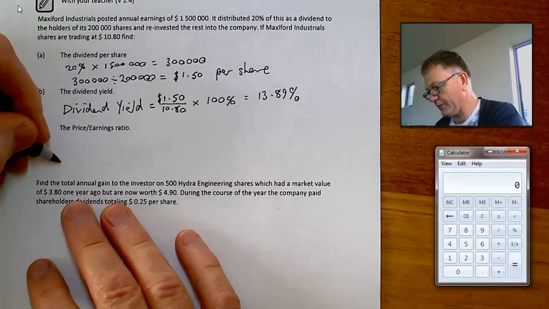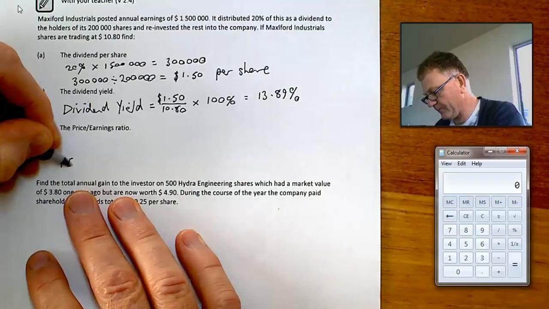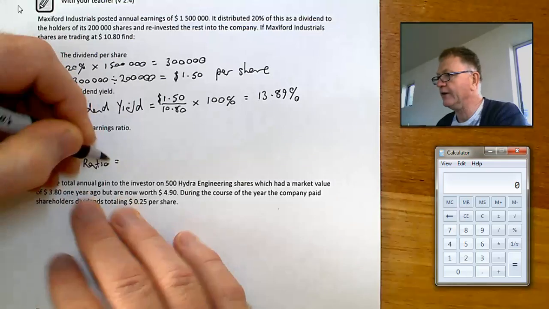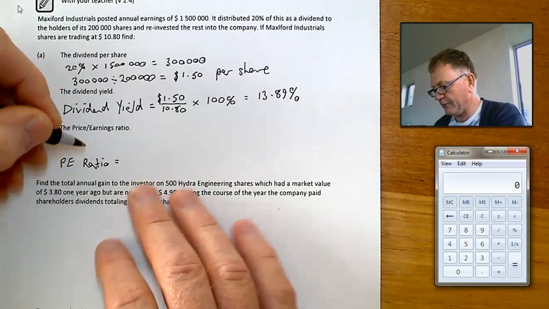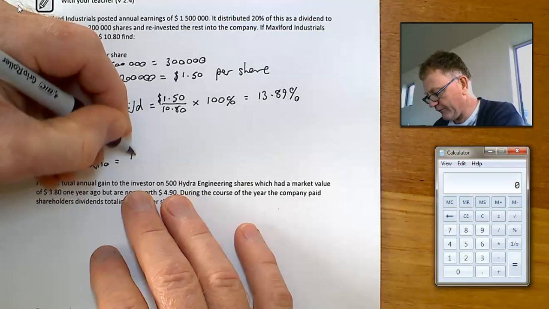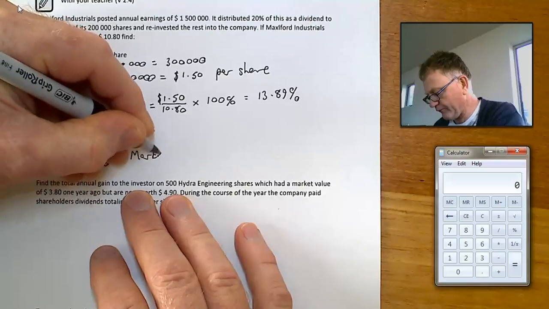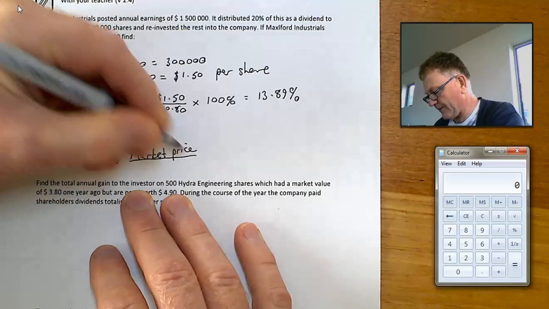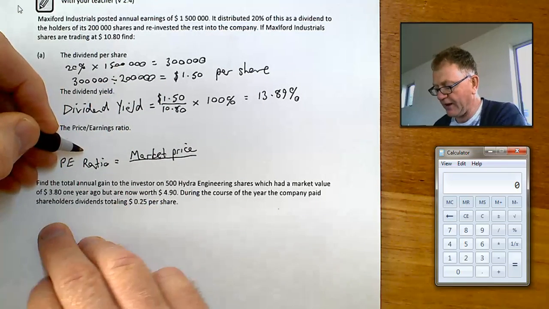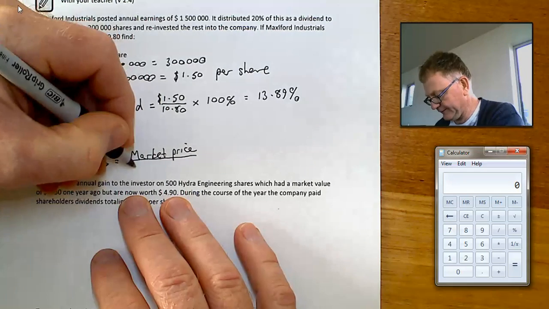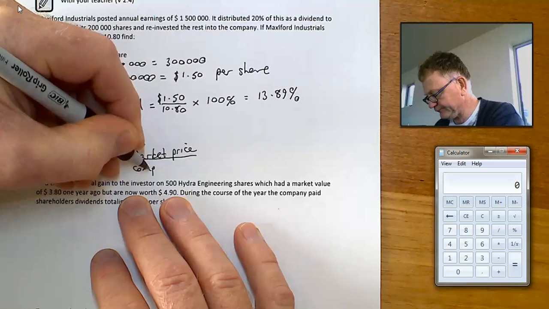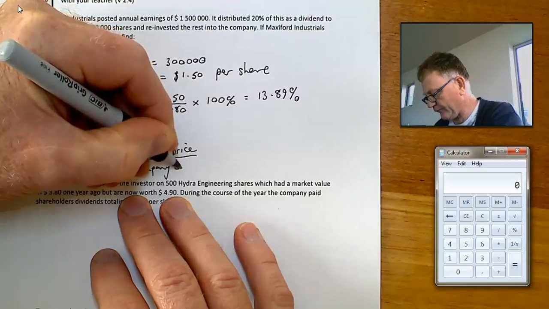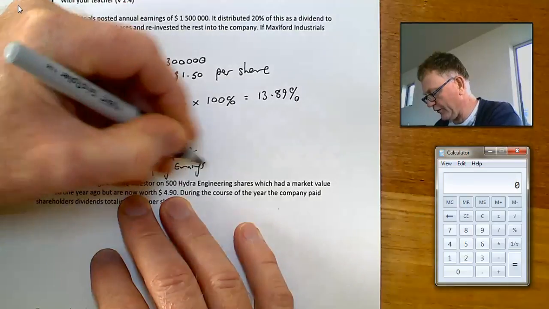Now remember that the price earnings ratio we can find by dividing the market price of the share by the annual company earnings per share.